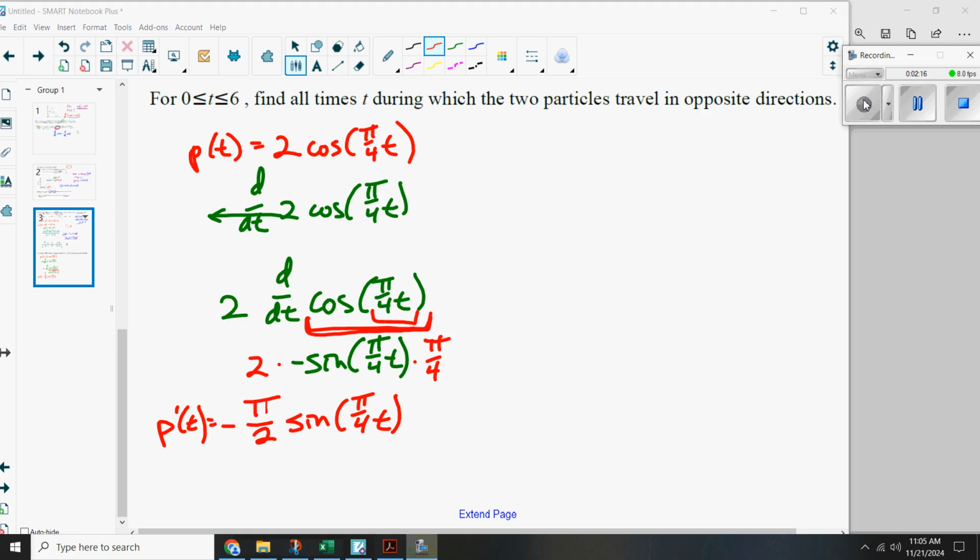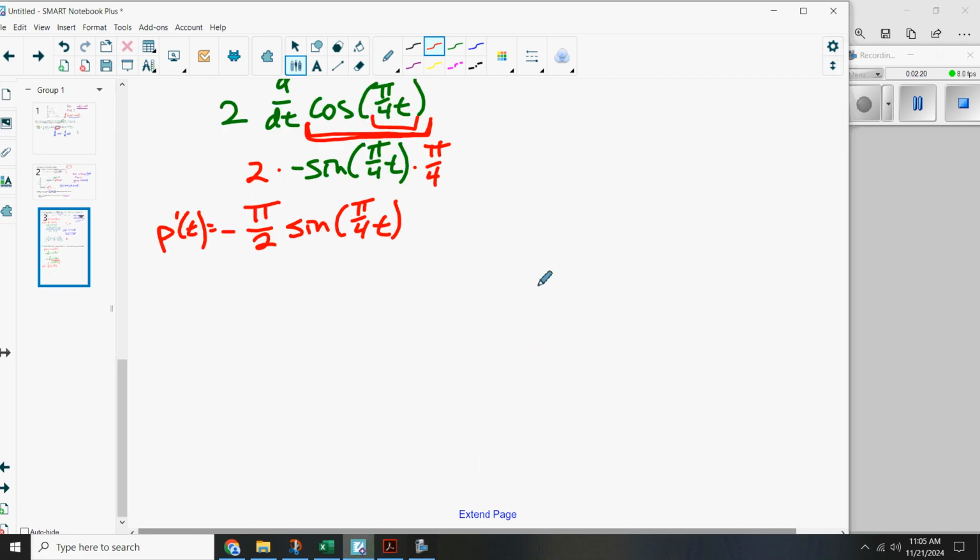So in order to find out which direction it's going in, I have to find out where it stops and starts. Where does this equal 0? Well, negative pi over 2 never equals 0. Now multiplying that times sine of pi over 4 t, I know that sine of some theta equals 0 at 0 and pi.